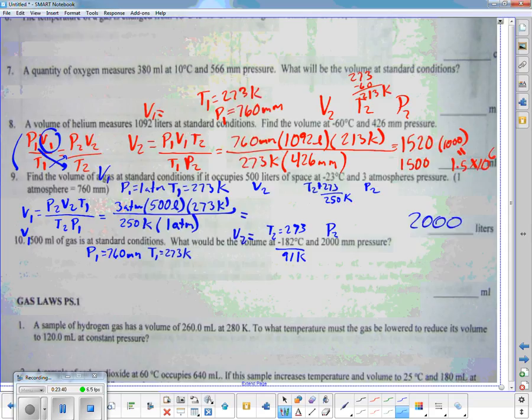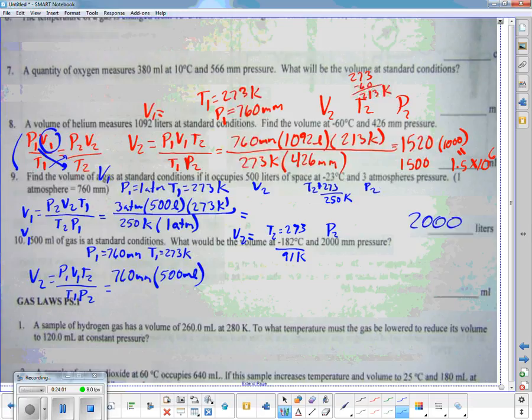So we've already solved for V2. I'm going to bring it down. V2 is equal to P1 V1 T2 divided by T1 P2. Plugging in 760 millimeters times volume. Was that 500? Because I wrote over it. Hoping.